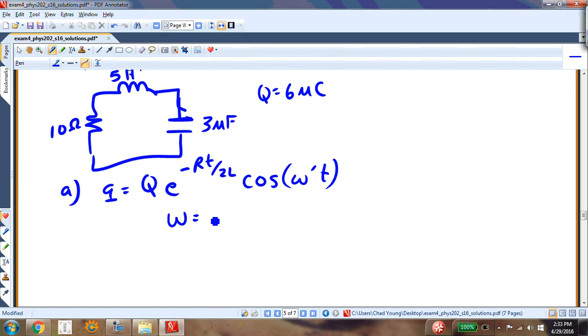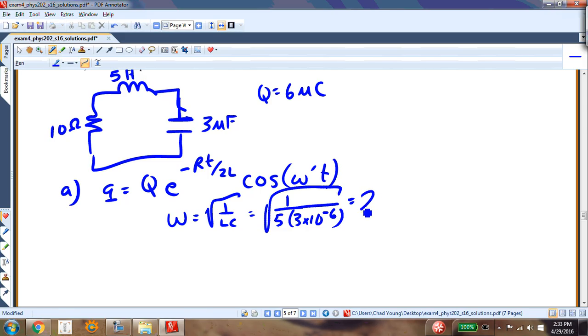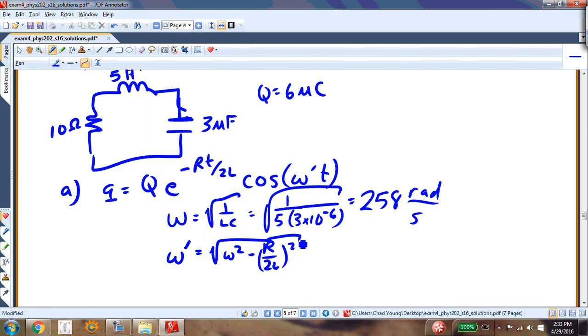So omega is equal to the square root of 1 over LC, which is 1 over 5 times 3 times 10 to the minus 6. Just 258. That's in radians per second. That's our angular frequency. Now omega prime is equal to the square root of omega squared minus R over 2L squared.